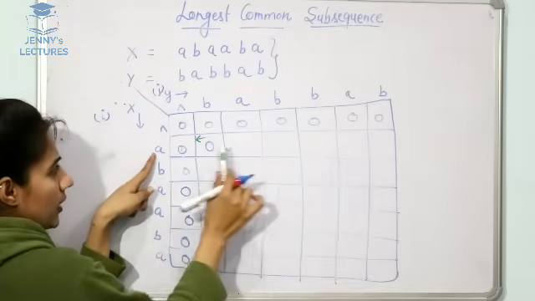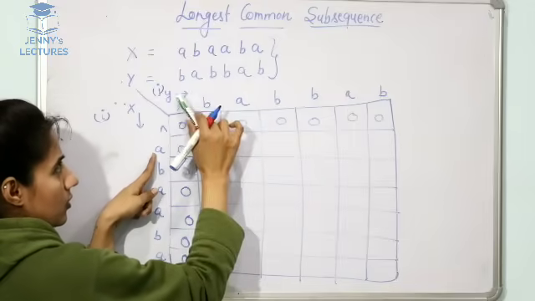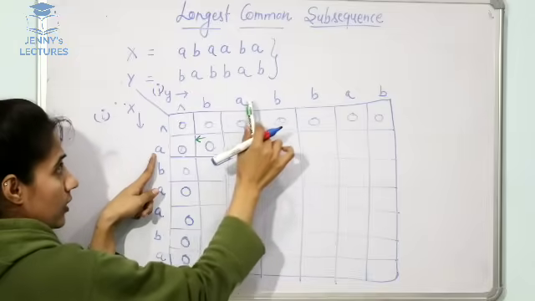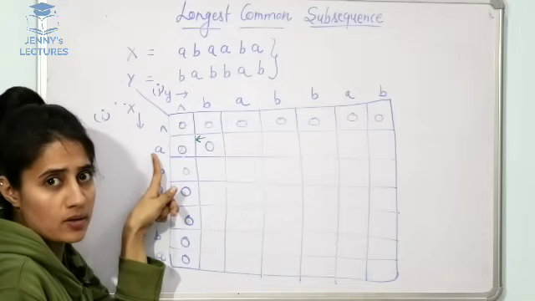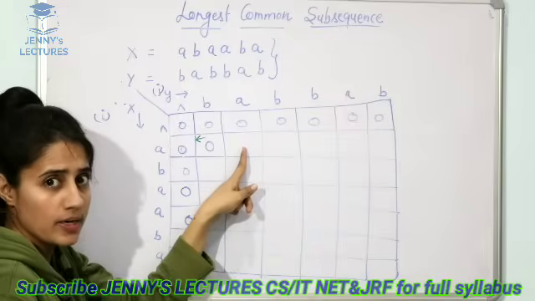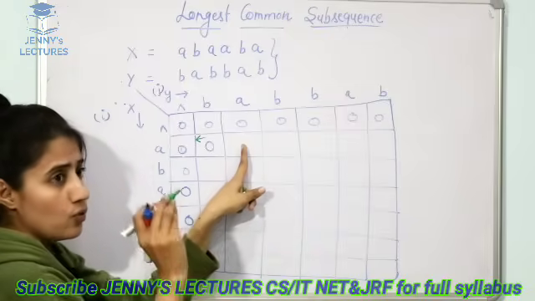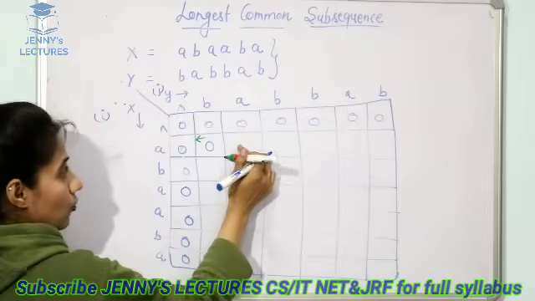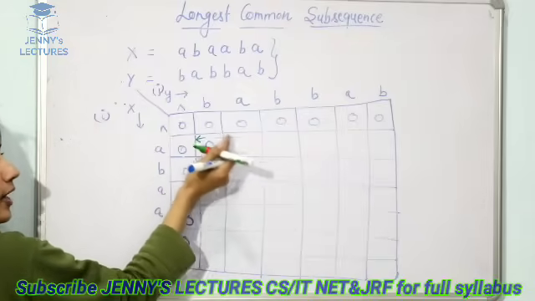Next, fill out this entry. Corresponding to this one we have A, and corresponding to this, Y has what? A. Both are the same characters. If same characters are there, then how to fill out this entry? In that case, you will fill 1 plus this diagonal value, the upper diagonal value.